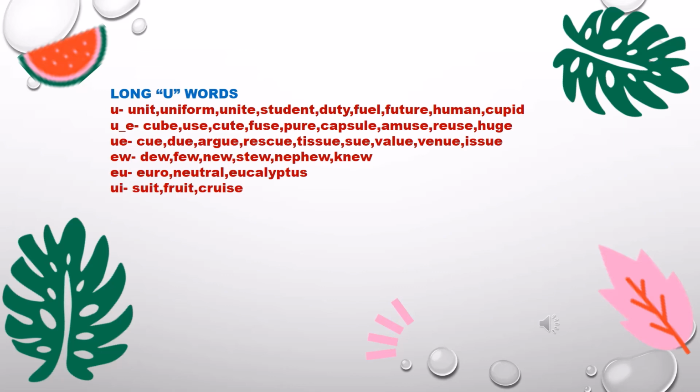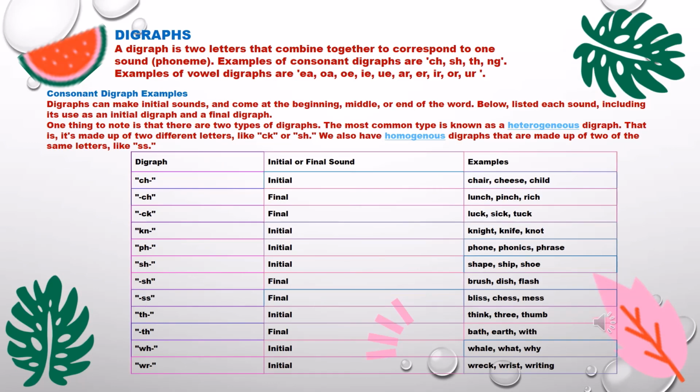Kids, what are digraphs? A digraph is two letters that combine together to correspond to one sound. For example, consonant digraphs. Example, ch, sh, th. Vowel digraphs are ue, ur, ea.